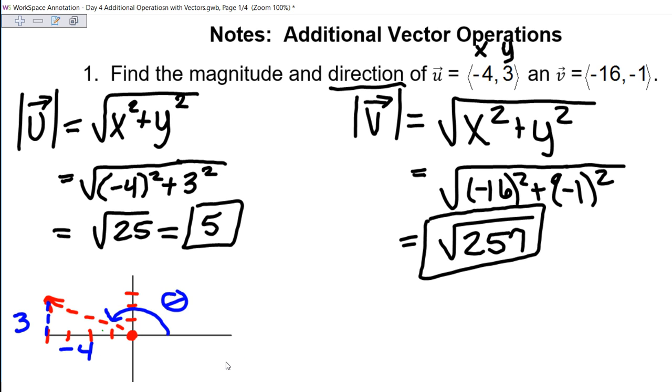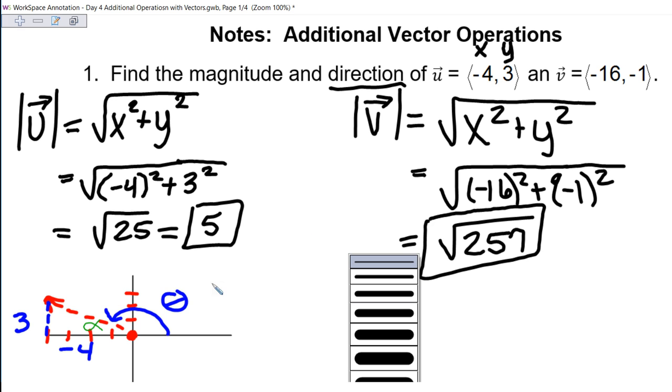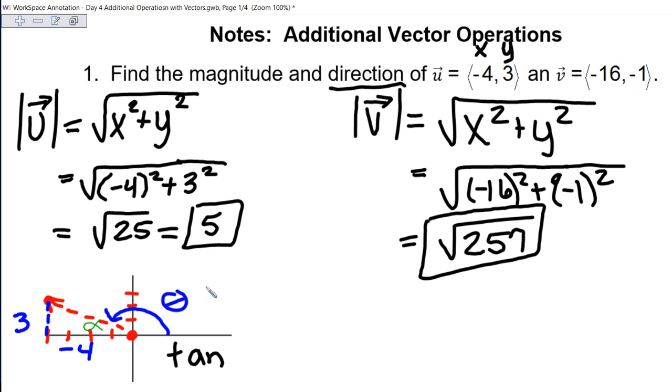So to find alpha, notice for alpha, we are given the opposite side, we are given the adjacent side. So if I'm given both of those values, what trig function should I use to solve for alpha? Tangent. So that means the tangent of alpha is equal to opposite over adjacent.